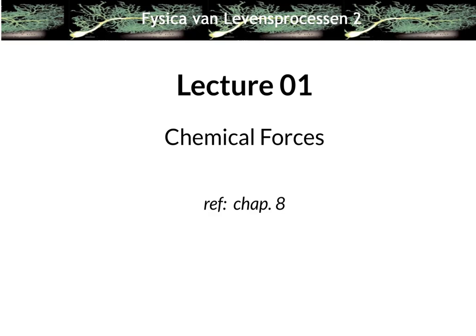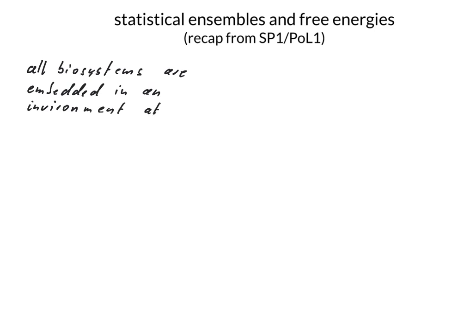Now let's first briefly recap what we learned about statistical ensembles and free energies in either Statistical Physics 1 or in Physics of Life 1. What we have to realize is that all biosystems are embedded in an environment that is given and set to a certain temperature.